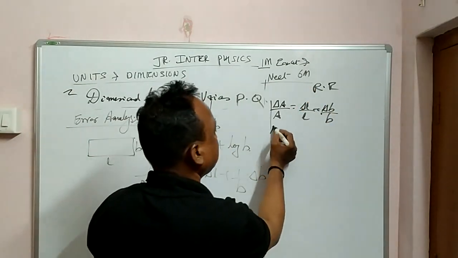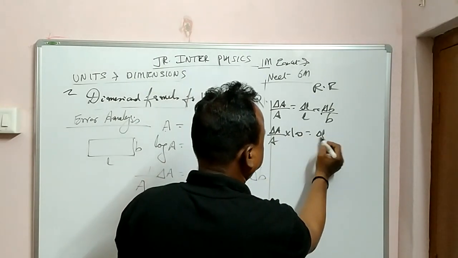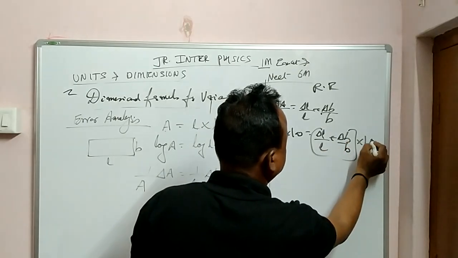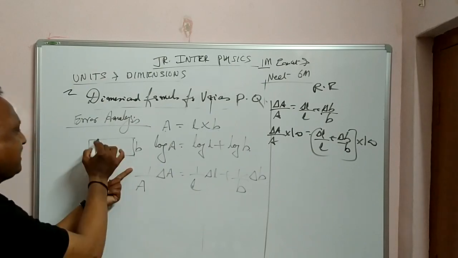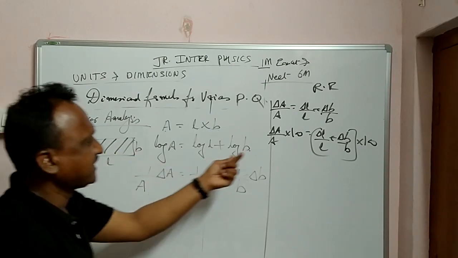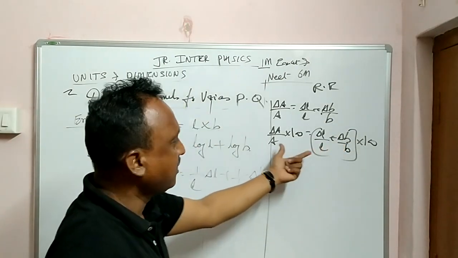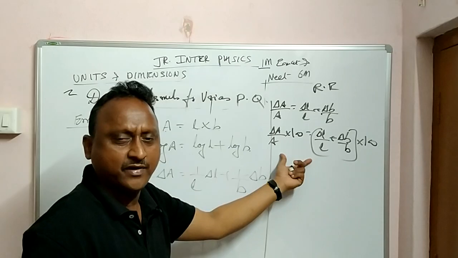Multiply with 100. So finally, what is the relative percentage error in finding the area of the rectangle? Delta A by A is delta L by L plus delta B by B, into 100. This is how we will find the error in finding the area of a rectangle.